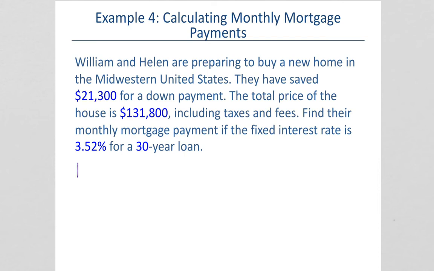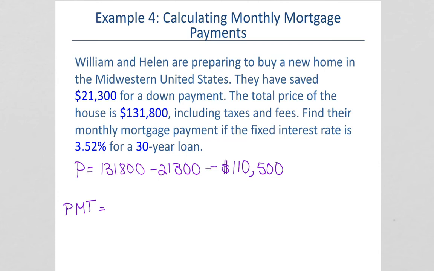So, again, just like we've been doing, we need to find the principal. I'll work through this pretty quickly because it's the exact same thing we've been doing in the last problems. Subtract off the down payment. And so they're financing $110,500. So their payment would be... well, you get the idea.